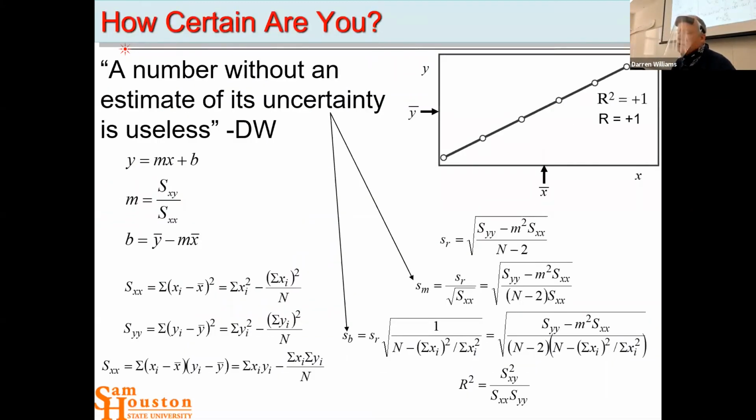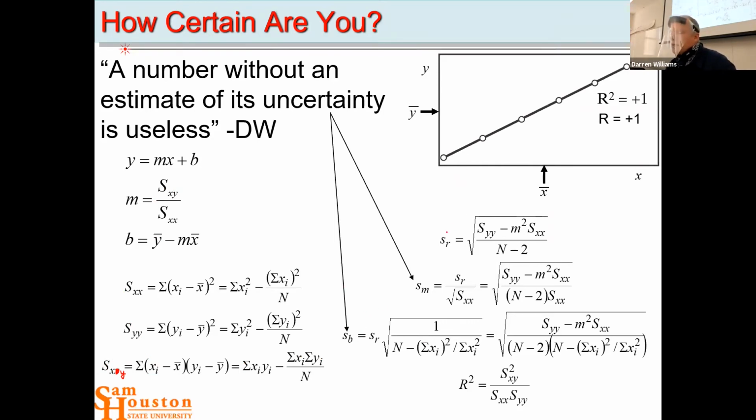Okay, now here's where those uncertainty values come from in the ANOVA. So we still have the sum of squares values here. We have SXX, SYY. Okay, this one is SXY. There's a mistake here in the notes. It's funny how I only notice my mistakes when I'm here in Zoom. SXY. Here's your M and B equations, but then here's SM and SB. So here's how you calculate the uncertainties in those numbers.